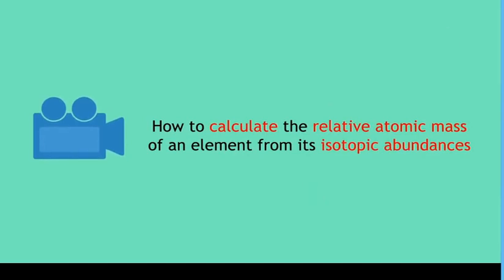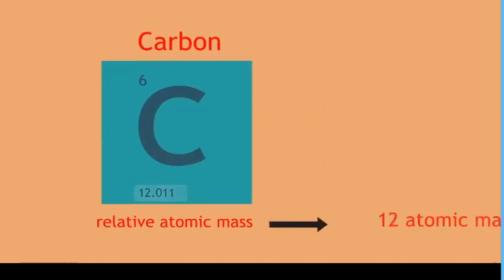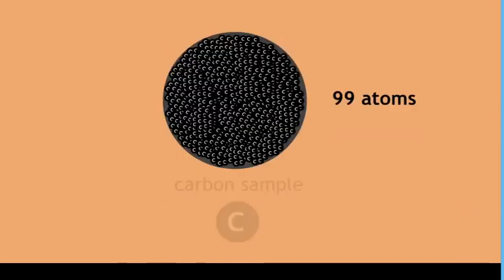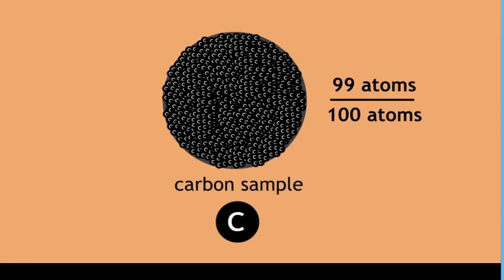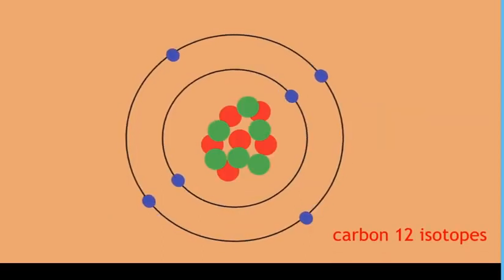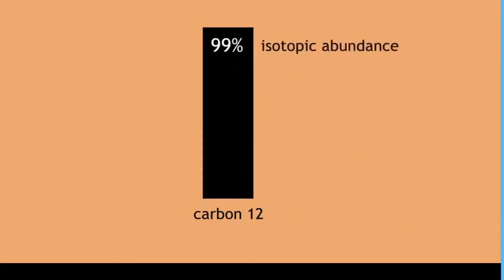Relative atomic mass of an element from its isotopic abundances. If we consider carbon, its relative atomic mass is very close to 12 atomic mass units. This is because, in nature, 99 atoms out of 100 atoms of a carbon sample are carbon-12 isotopes. Another way of saying this is that carbon-12 has a 99% isotopic abundance.